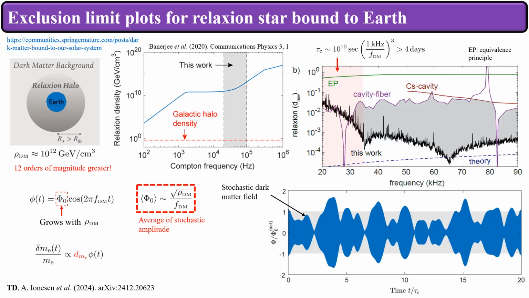For timescales much shorter than the coherence time, if our detector happens to sample, say, this point with a small amplitude, then our sensitivity of dark matter would be reduced. Such a statistical sensitivity hit can be adequately modeled by the Bayesian inference method I discussed 2 slides ago.